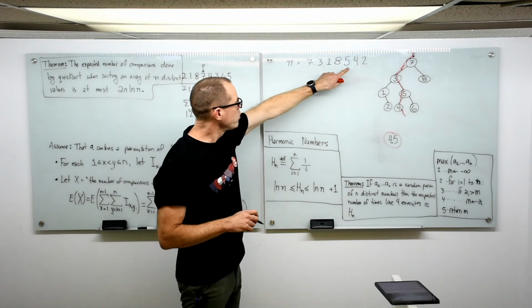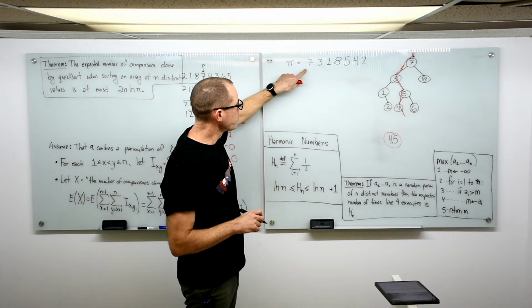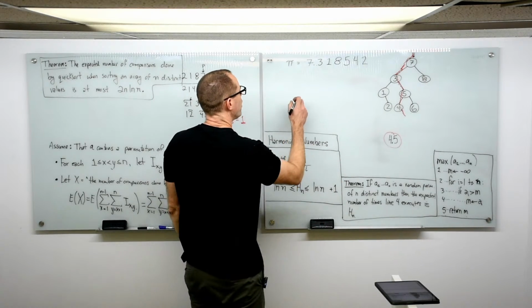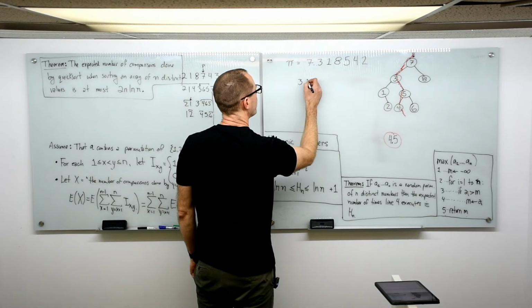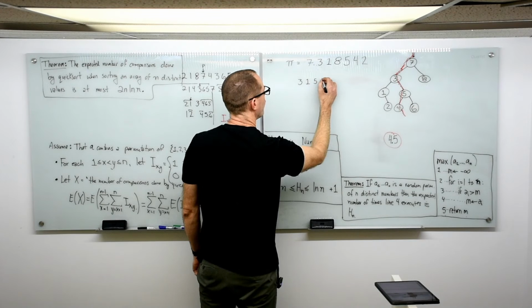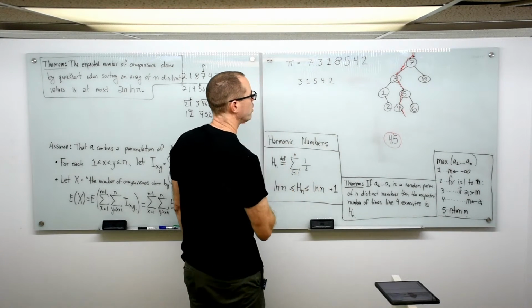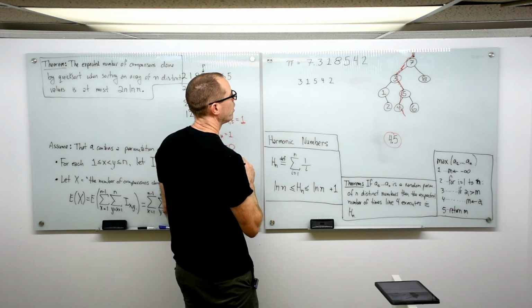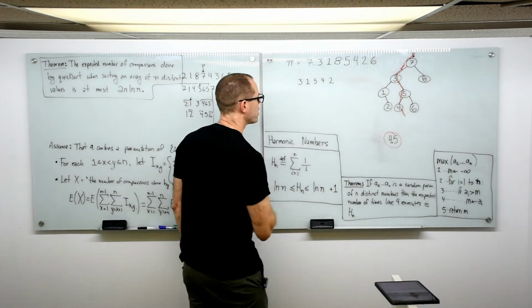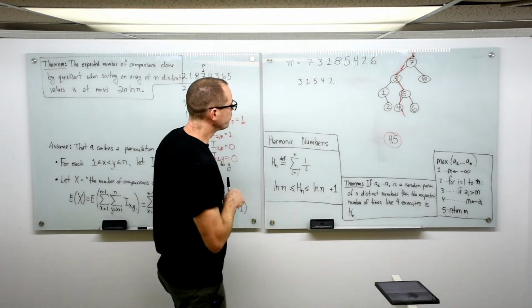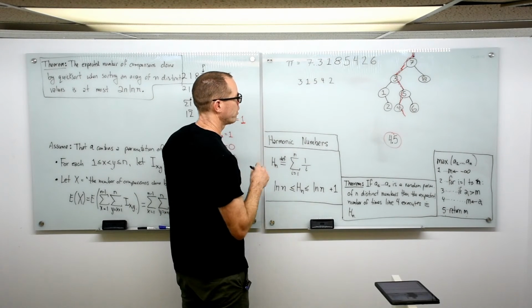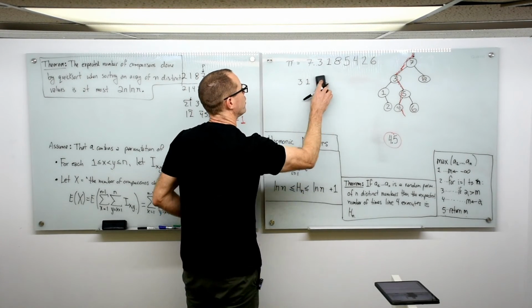Let's split it into 2 permutations, the stuff which is smaller than 4.5 and the stuff which is bigger. So the smaller stuff is 3, 1, 4, 2.